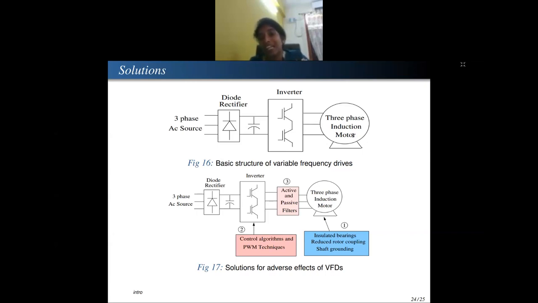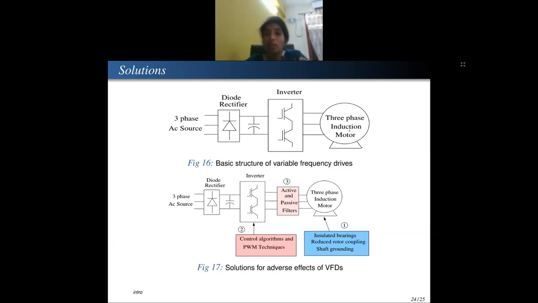Say, at the time of starting the car, you need lots of torque from the motor to pull the entire weight of the vehicle, and the speed at the time of starting would be 0. And say if you are going on a highway, the speed requirement would be high and the torque requirement will relatively go down, and so on. So based on the modes, this motor has to change its speed and torque.